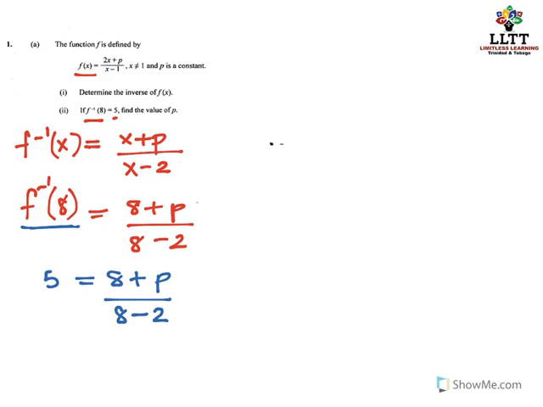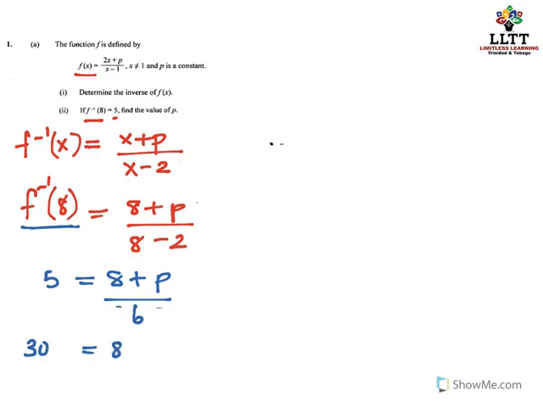Now on the denominator, we have x minus 2, which is now 8 minus 2, which is 6, so we can replace that with 6. So what we have is 5 is equal to 8 plus p over 6. Multiply both sides by 6. 6 5s are 30. And if I multiply by 6 the denominator, I'm going to get rid of that.